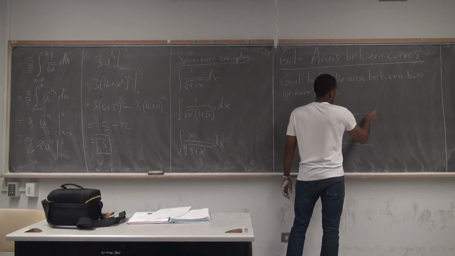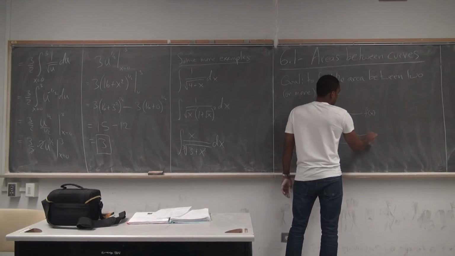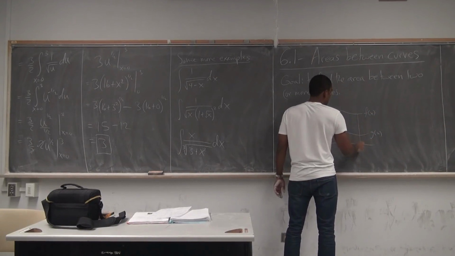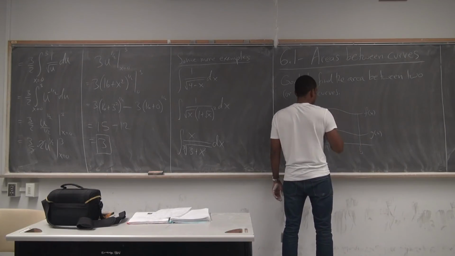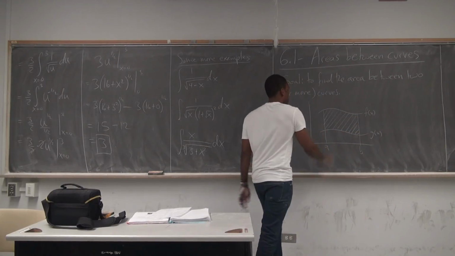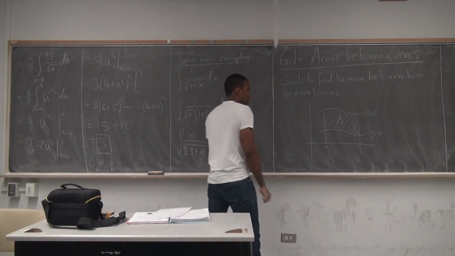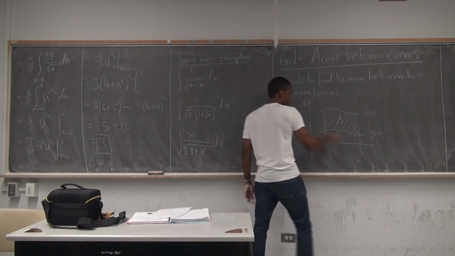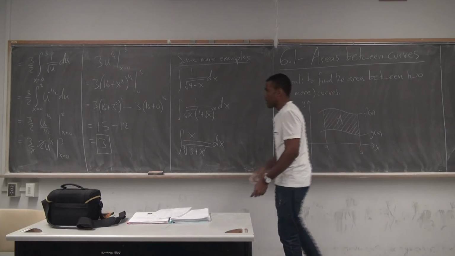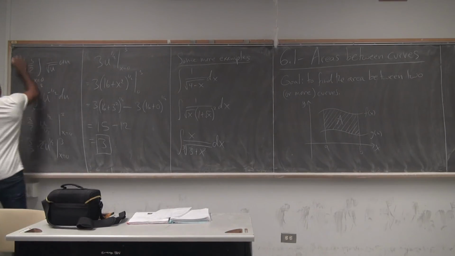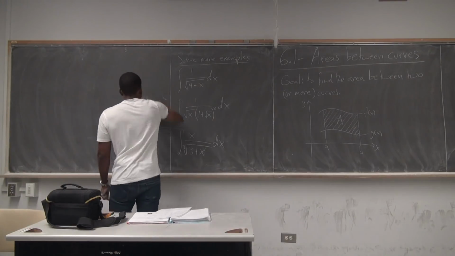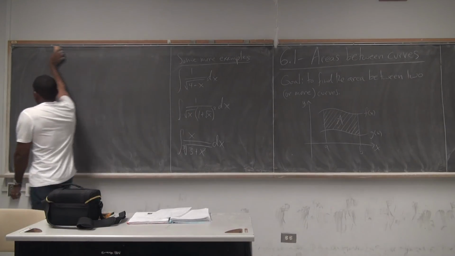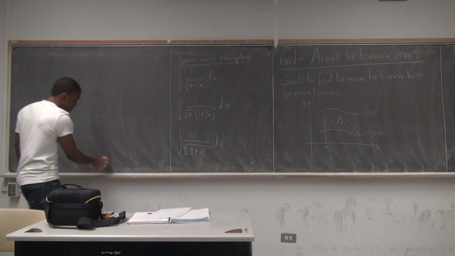So the idea is the following, for example. You have an f of x and a g of x, and you want to find the area between these two curves on the interval AB. It turns out that there's a relatively simple process for getting this done. First, remember what the integral gives you.